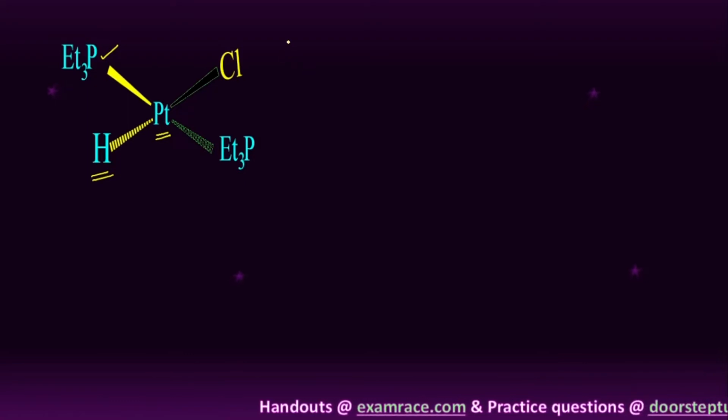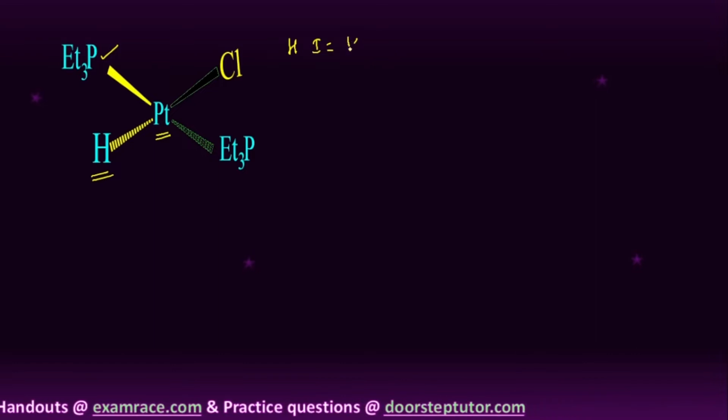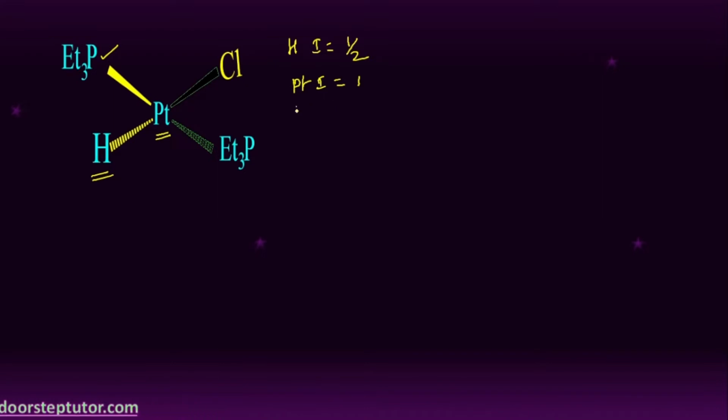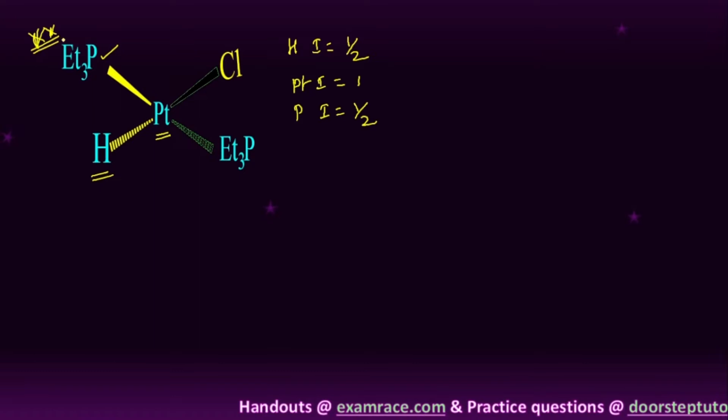Generally I will write the proton nuclear spin value, that is I equal to 1/2, platinum nuclear spin value is equal to 1, and the phosphorus nuclear spin I value is equal to 1/2. So this is a very important example from the entrance examination point of view.